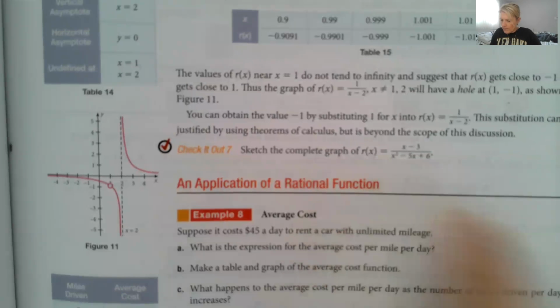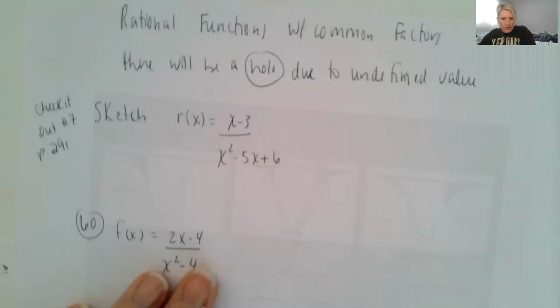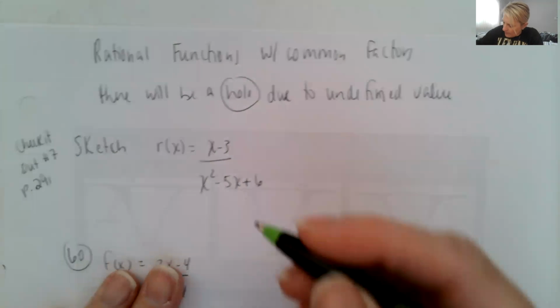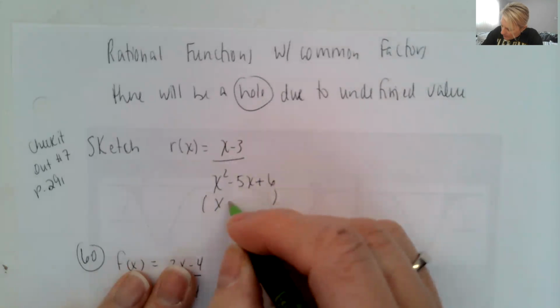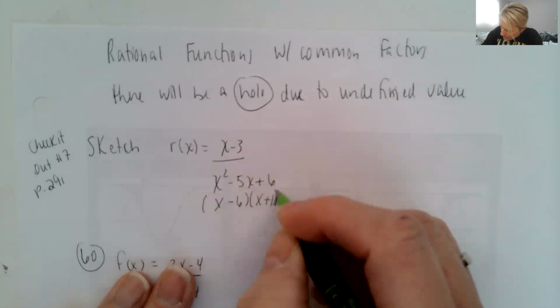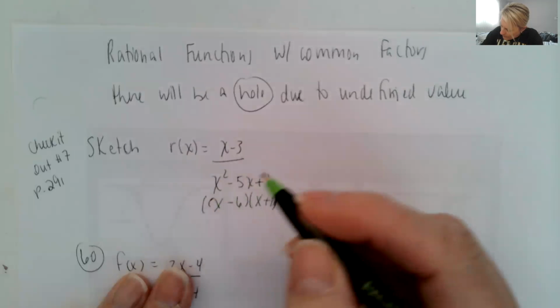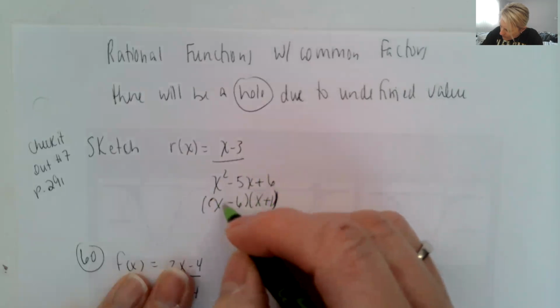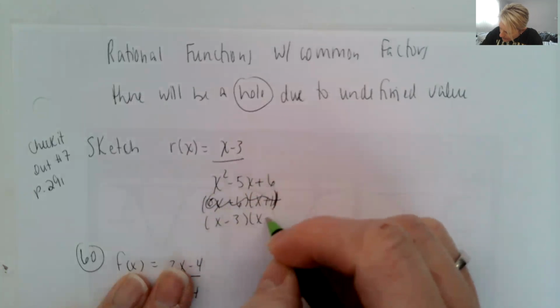So let's look at this Check It Out here. It's telling us to sketch this. We need to factor our denominator here. x minus 3, x minus 2.